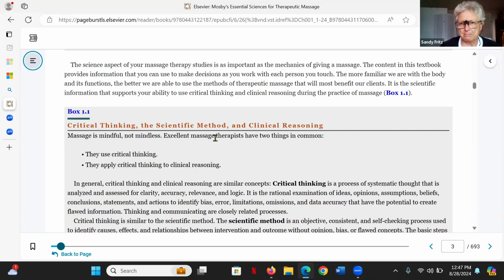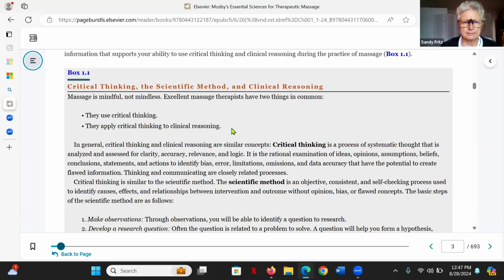The scientific method is a form of critical thinking. And then clinical reasoning is how you would take the information and use it with an individual client in professional practice.